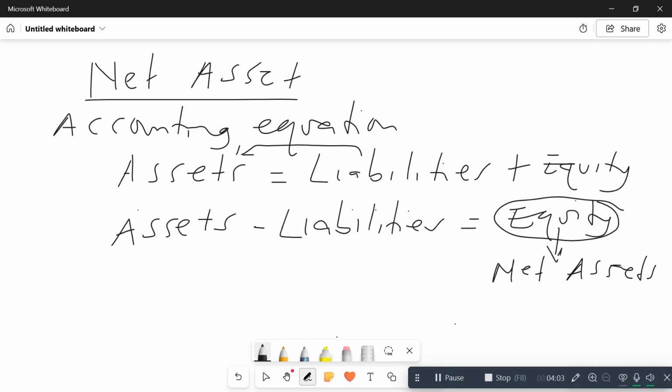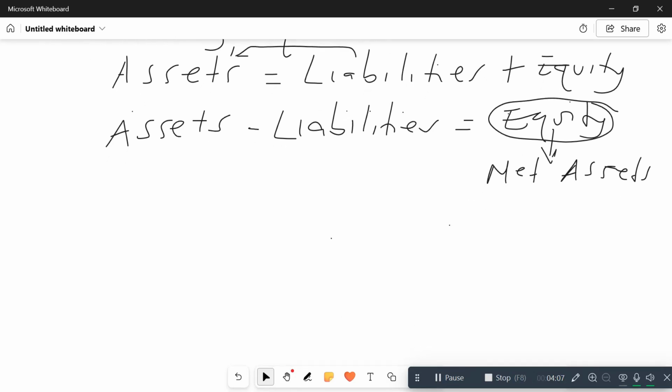Any component of our net asset is a component of equity.